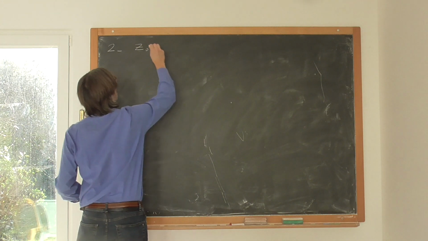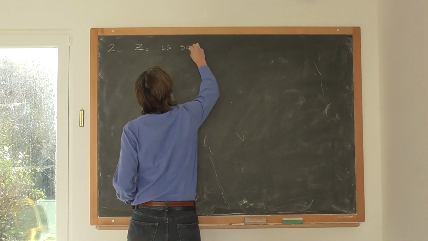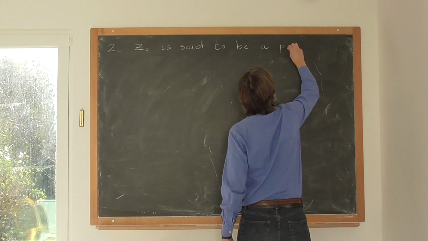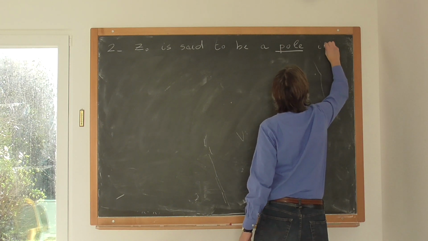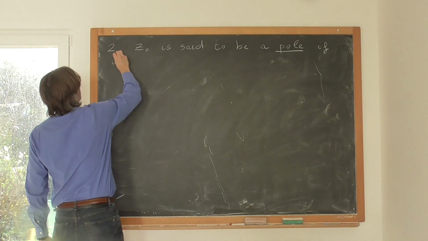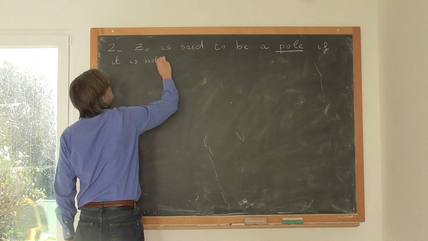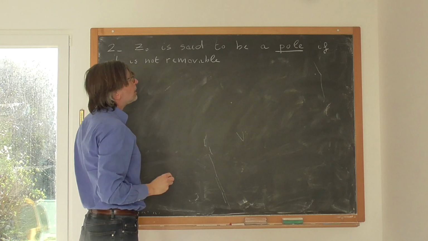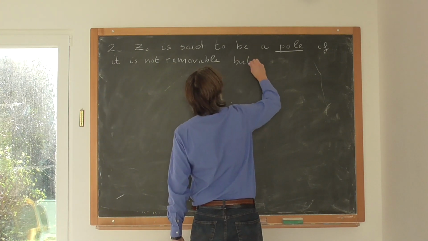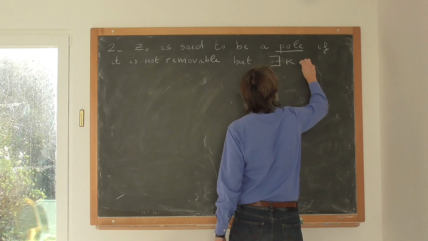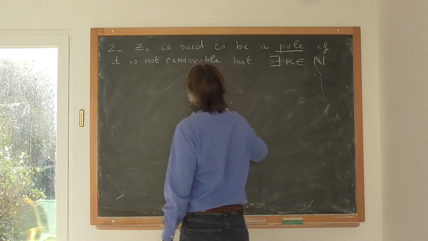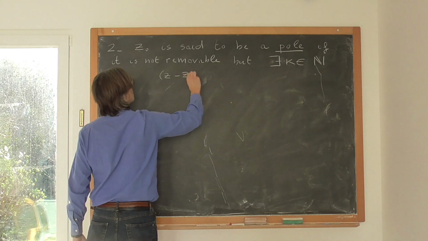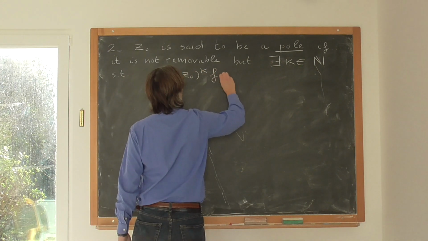So z naught is said to be a pole if it is not removable, but there exists a natural number k such that the function z minus z naught to the power k times f of z.